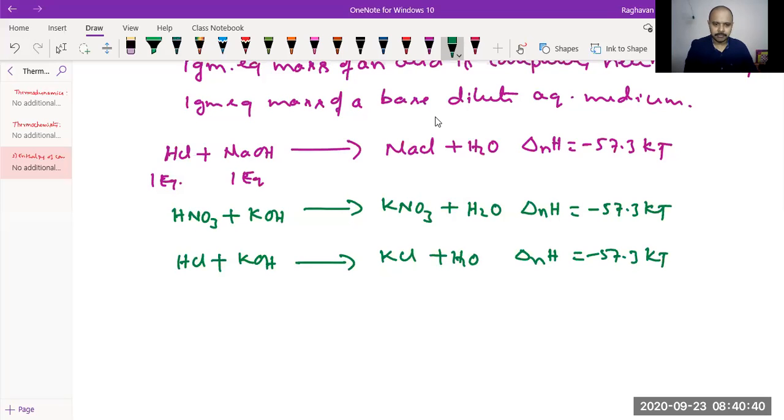In which case? HCl is a strong acid or weak acid? Strong acid. KOH? Strong base. Why do we call these substances strong?